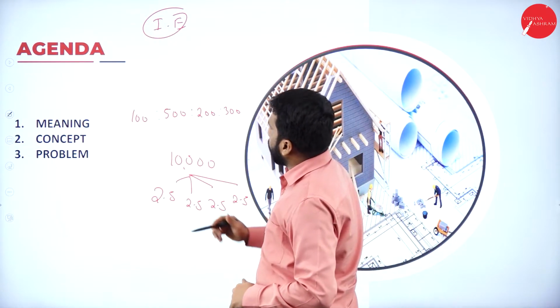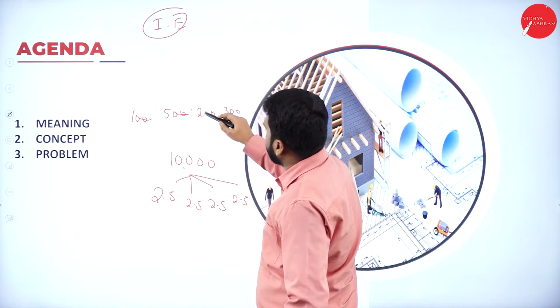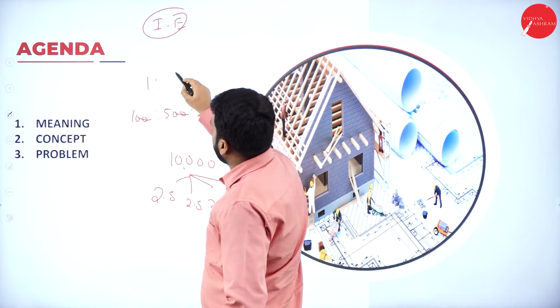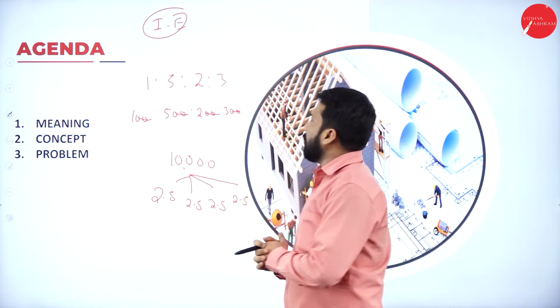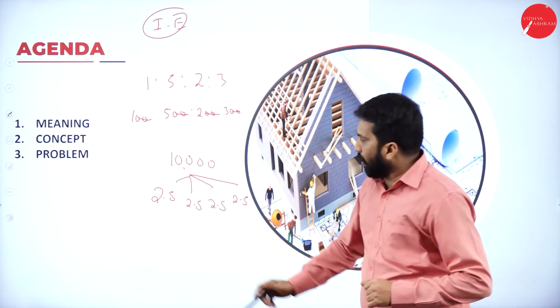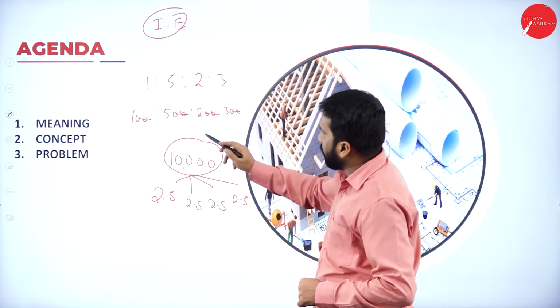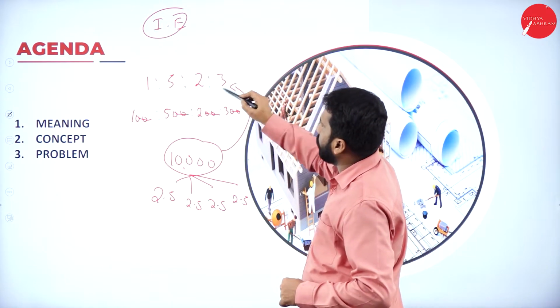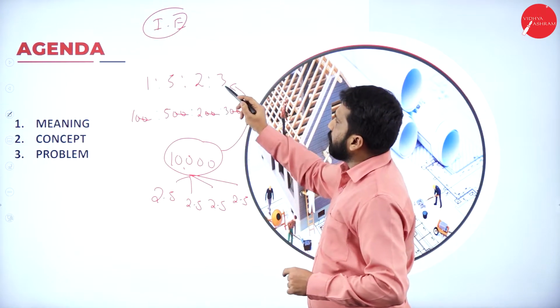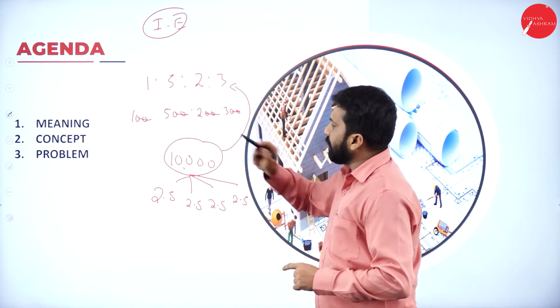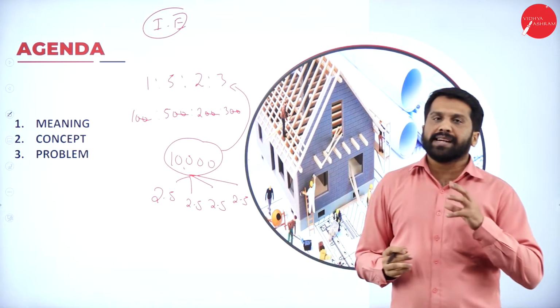Now, what we'll do, we'll cancel all the zeros. This will be 1, 5, 2, 3. So your 10,000 rent will be divided according to a ratio. Hope you are clear. 1:5:2:3. In this ratio, we will divide your 10,000 rent.